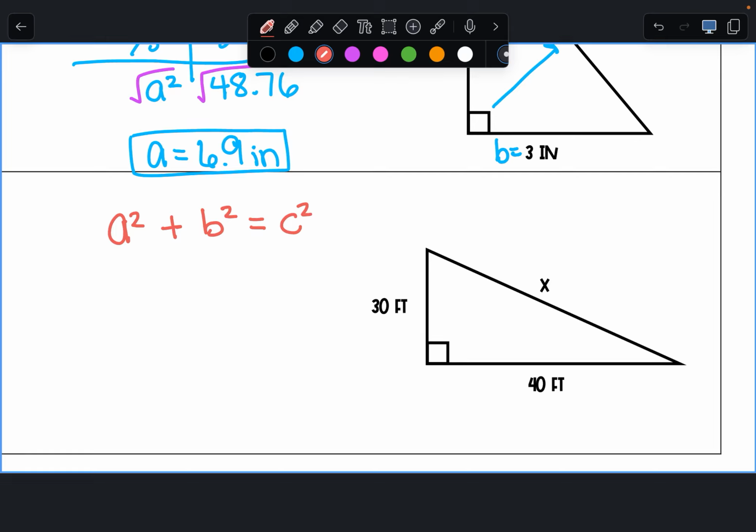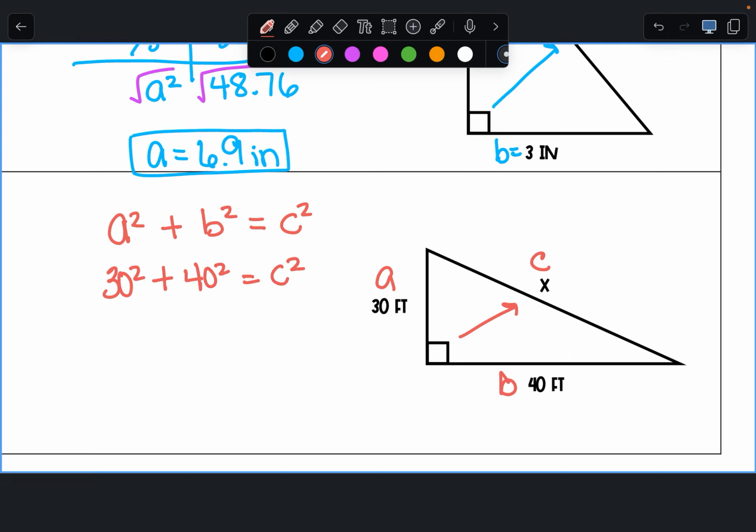All right, the way you set it up, what did you end up doing? Did you add or subtract? Correct. Side C is the missing side. We got A and B. So 30 squared plus 40 squared equals C squared.